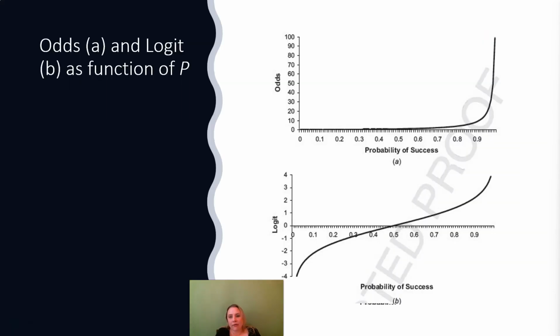So here in our top graph, we see that the odds are demonstrated as a function of p, and then the bottom graph shows the logit as a function of p. Notice that the odds can take any positive value or 0, while a logit value can be any real number.